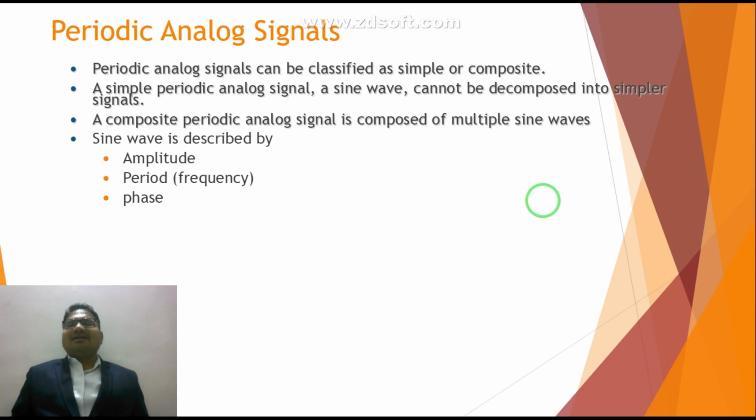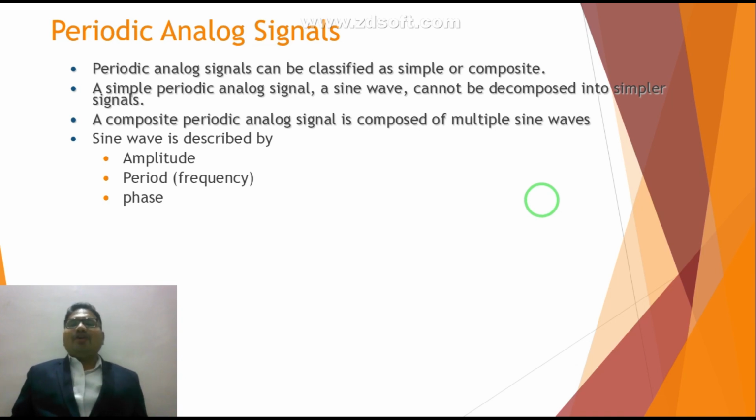Periodic means a signal which repeats its pattern after a specific duration, after a specific time. Whereas non-periodic is random in nature. We couldn't predict it, we couldn't find its time period, because it's random in nature.